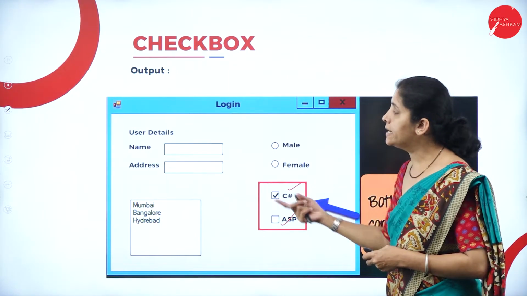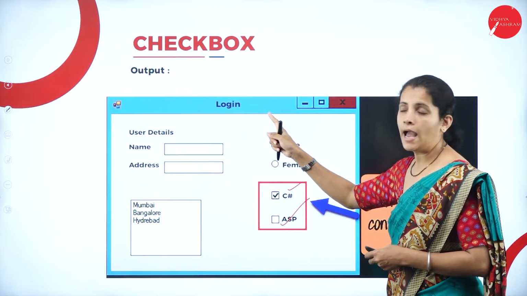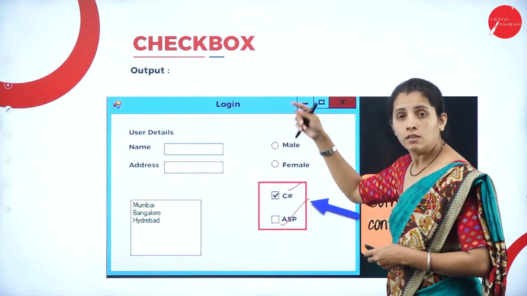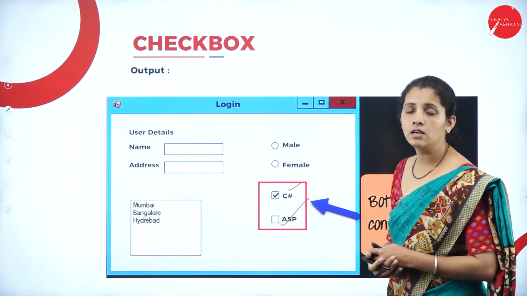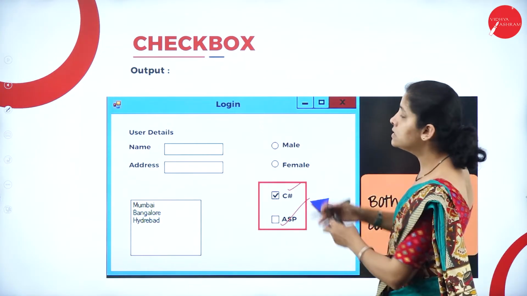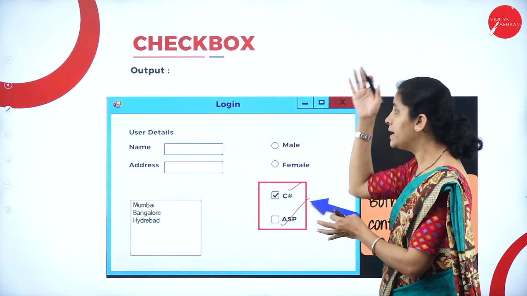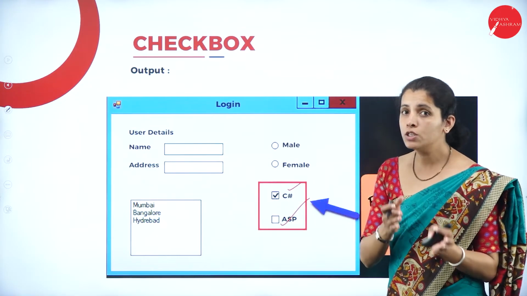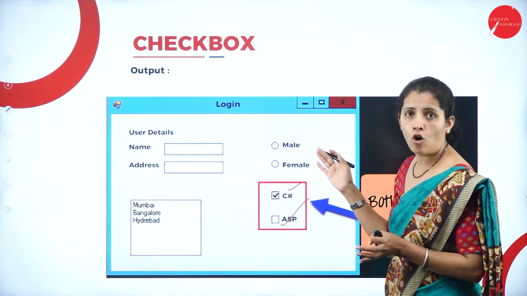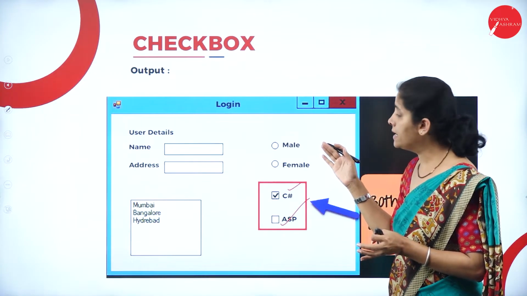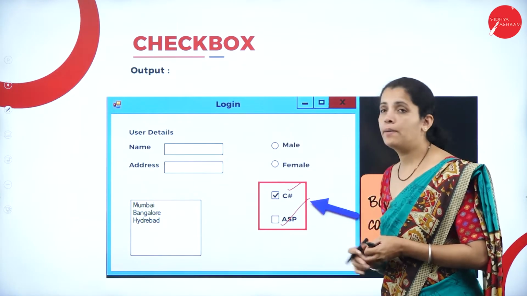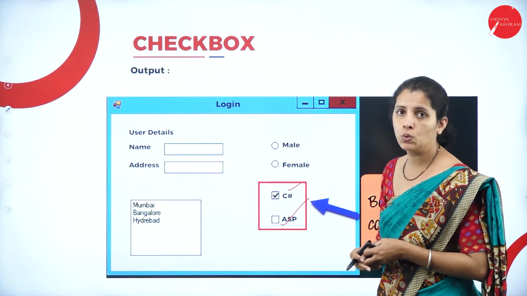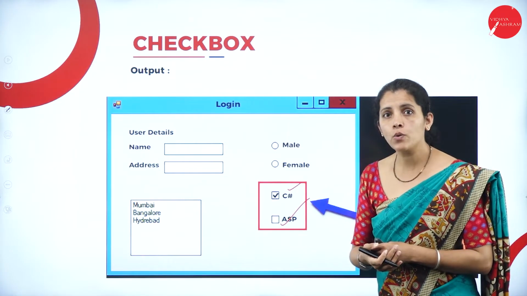So dear student, in this form I have explained the possible controls which are present under the toolbox. Not only these controls, we have plenty of controls. So dear student, in this form, I'm going to explain the controls and how I can use the control, based on my requirement.